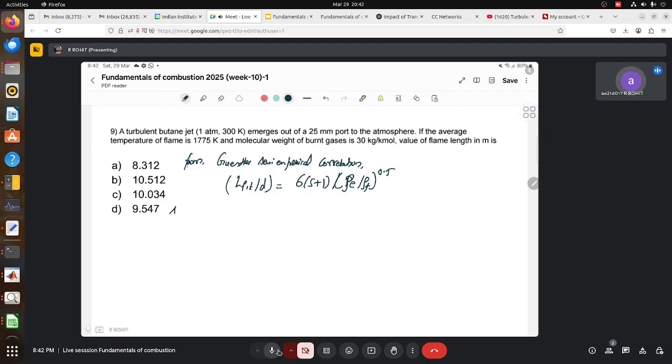Now you need to find S, which is found using the stoichiometric air-fuel ratio on mass basis.